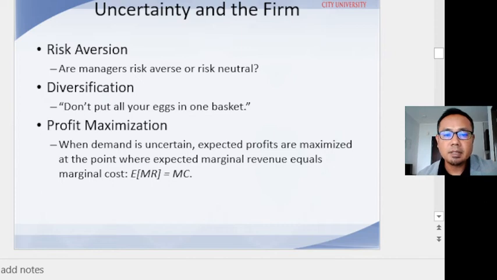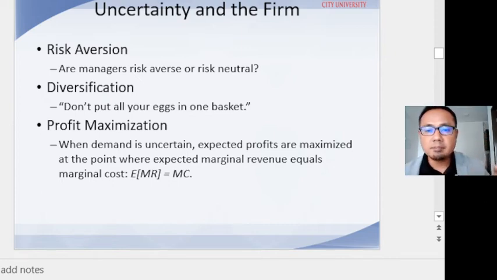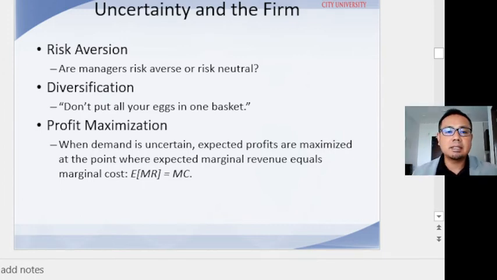Thus we see that when the manager is risk neutral, profit maximization under uncertain demand is very similar to profit maximization under certainty. All the managers need to do is adjust the corresponding formula to represent the expected marginal revenue.